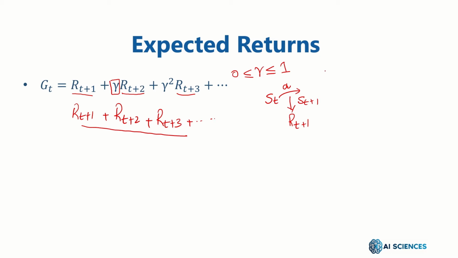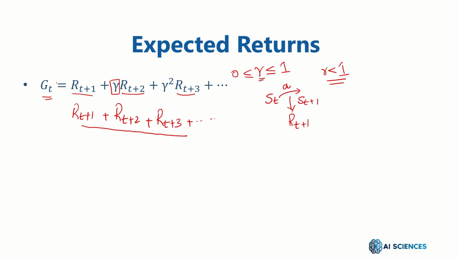If this value is less than 1, then the rewards that are far away in the future are less important in contributing to this return. If the value is close to 1, then the future rewards are more important. If the value is closer to 0, then the immediate and very local rewards are more important. So this gamma is a hyperparameter that we have to tune.